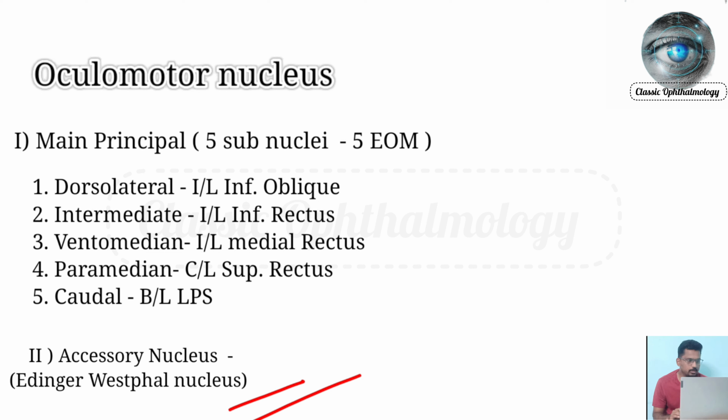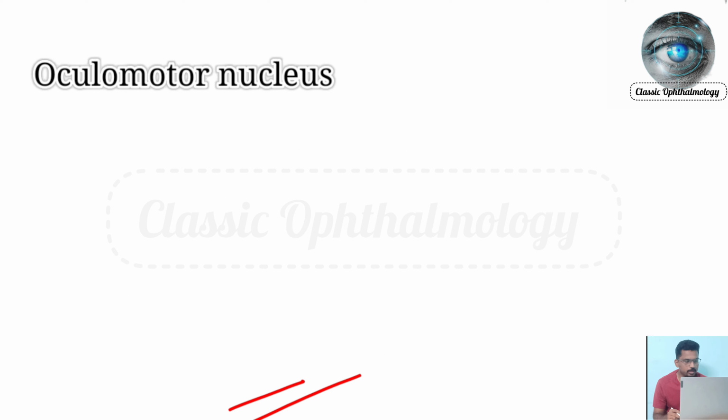The dorsolateral supplies the ipsilateral inferior oblique muscle, the intermediate part supplies the ipsilateral inferior rectus muscle, the ventromedian supplies the ipsilateral medial rectus muscle, and the paramedian supplies the contralateral superior rectus. Remember this, contralateral superior rectus. The caudal central supplies the bilateral LPS muscle, levator palpebrae superioris, and the accessory nucleus, as we know, is associated with the parasympathetic activity.